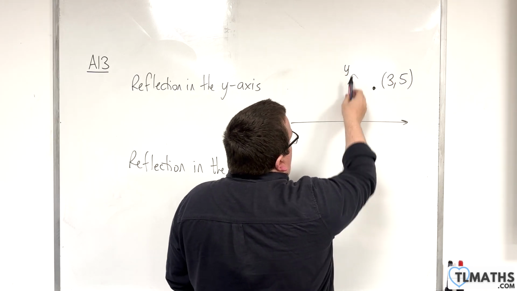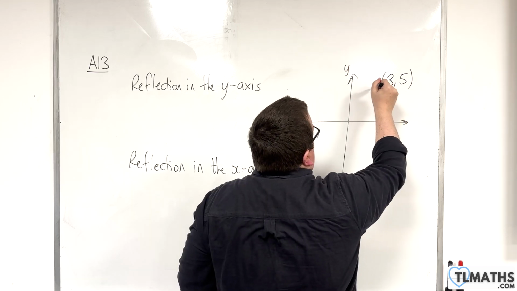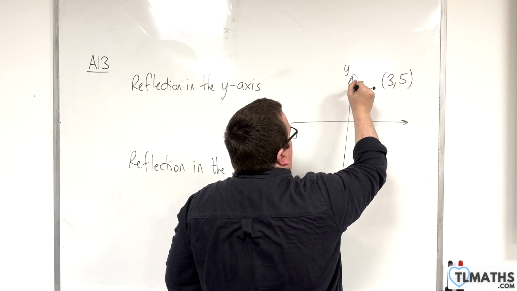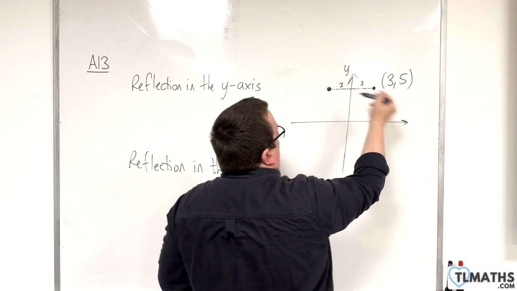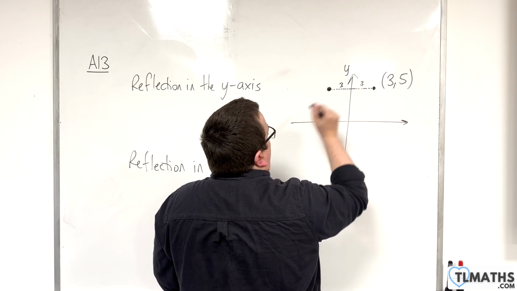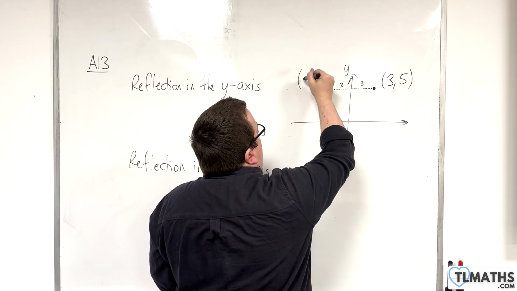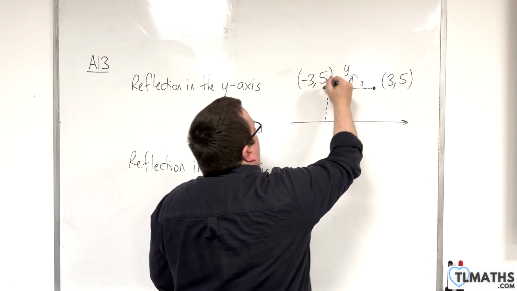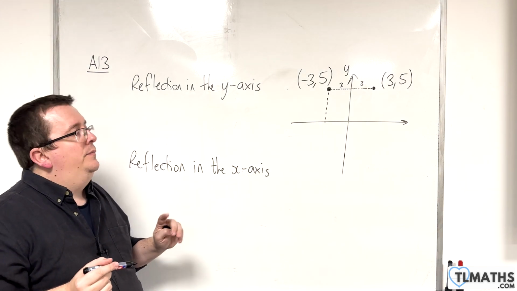If I reflect it in that line, it's going to appear somewhere over here. So it is 3 units away from the mirror line, and so its image will appear 3 units away on the other side. So what are the coordinates of this point? Well, seeing as that's to the left of the y-axis, this is at -3, and it is still above the x-axis, so +5. So we've gone from 3, 5 to -3, 5.